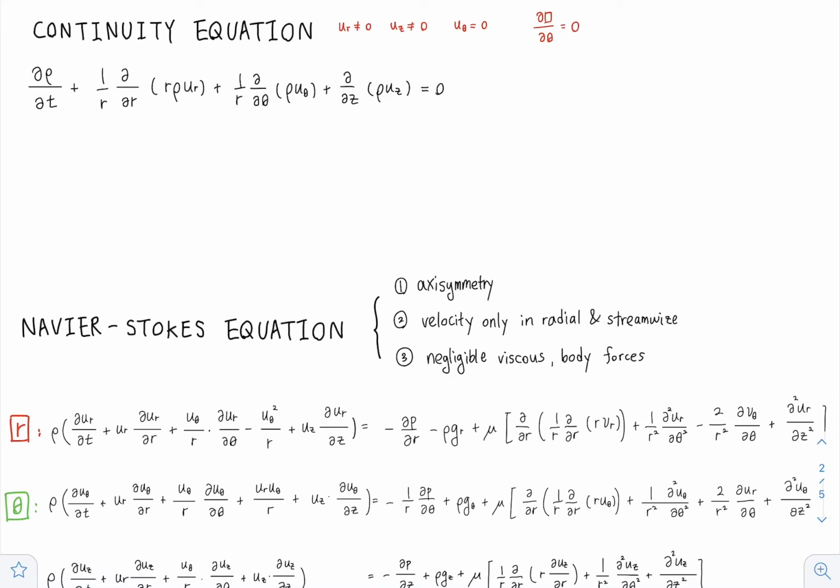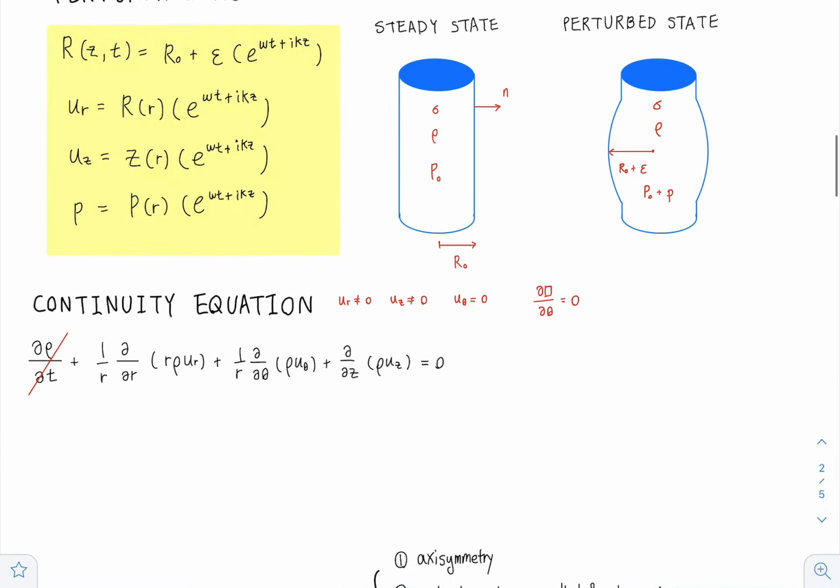Okay, so using these terms, and lastly, we will consider that we will have a steady incompressible flow. Therefore, we are going to get rid of our partial rho partial t. And we are going to say that this rho term is going to be constant, as we have first seen in our picture.